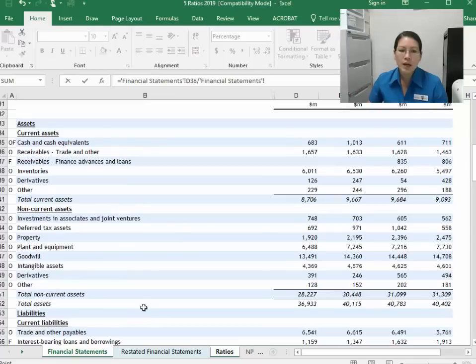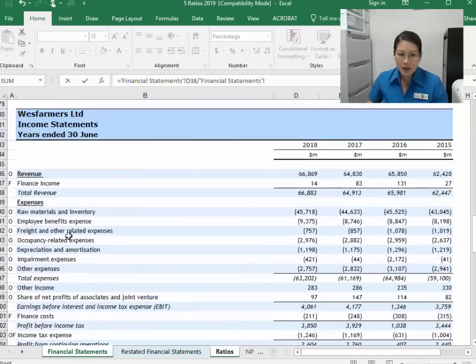So we scroll down to the income statements. Some of your companies will do what we call a trading statement, which is revenue minus cost of goods sold, or cost of sales, equals gross profit, and then they subtract all the other expenses from that. Some companies may already list that as a negative underneath revenue.